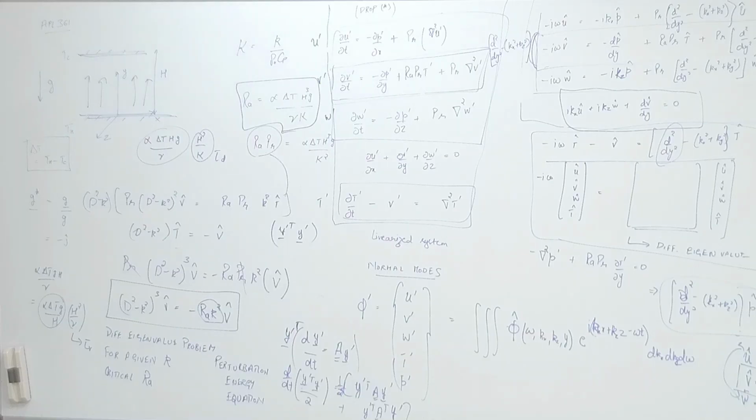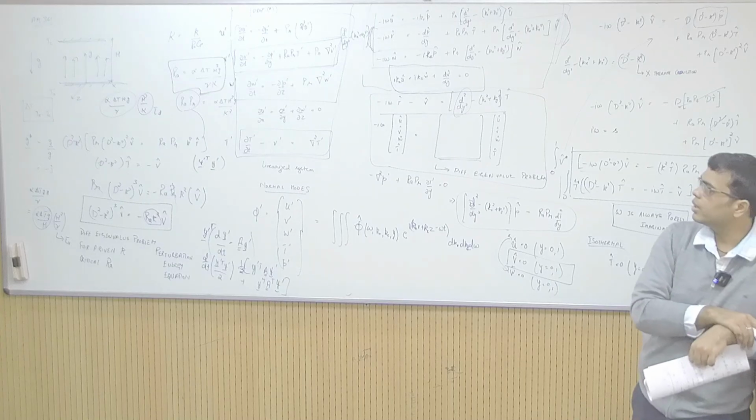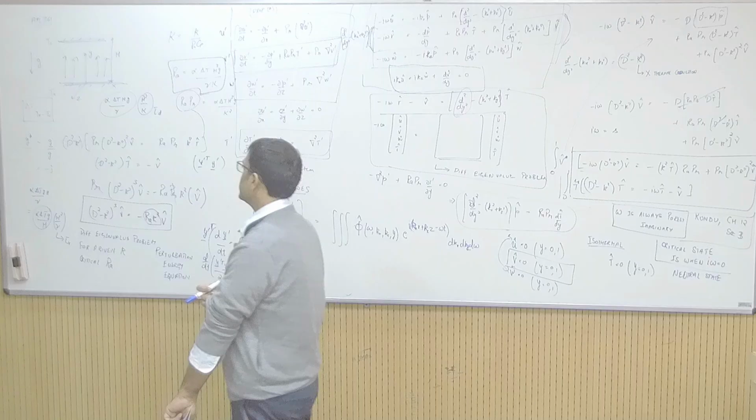Alpha delta t times g is the buoyancy force per unit volume. Actually, it's the buoyancy force per unit mass, not even volume. So that's the acceleration of a fluid particle which has a temperature difference delta t from its surroundings, and how it will start moving up, and that acceleration divided by h is giving you the velocity scale.